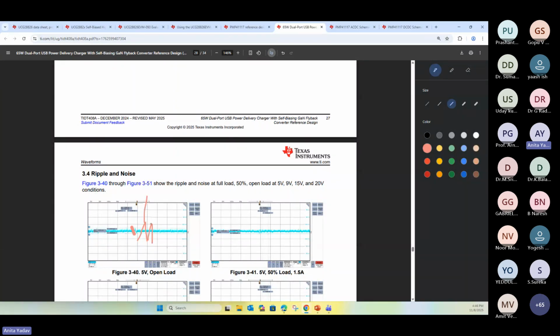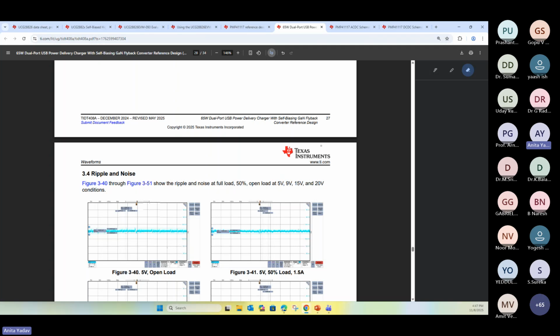So there is a measurement technique. What we generally do, it will go straight basically. When you are measuring the ripple noise, put a probe, and on the probe itself you can put something called an epsilon capacitor.